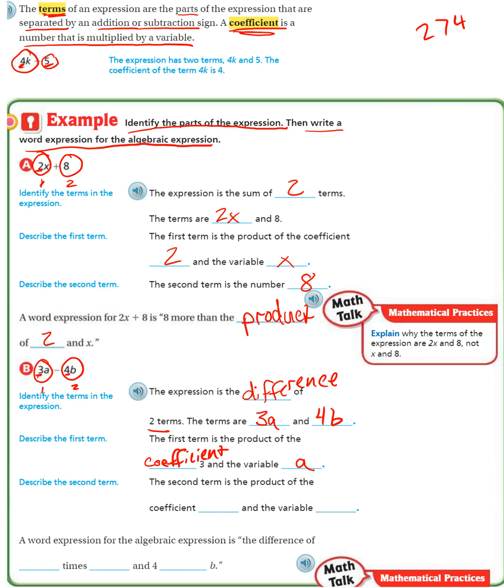There we go, I should have read the whole sentence first. The second term is the product of the coefficient blank and the variable blank. Well, in this term, the coefficient is 4 and the variable is b.